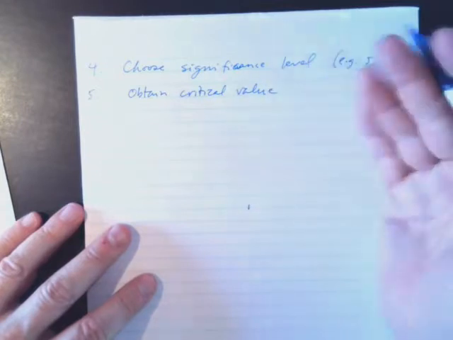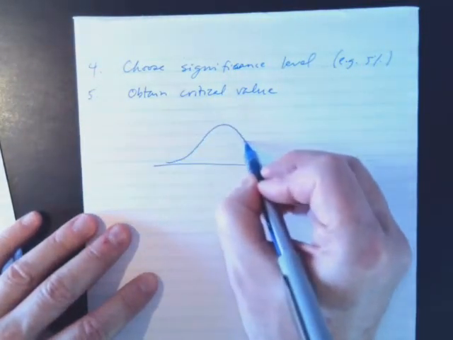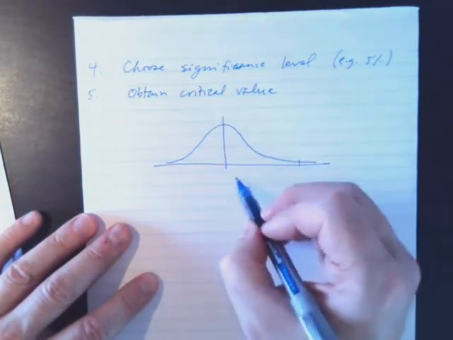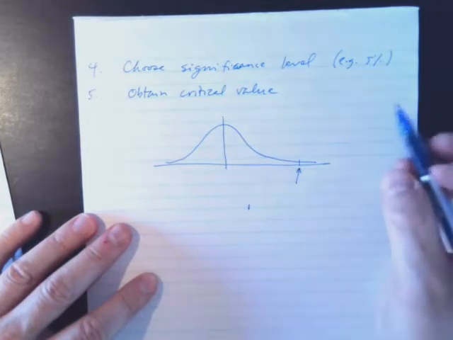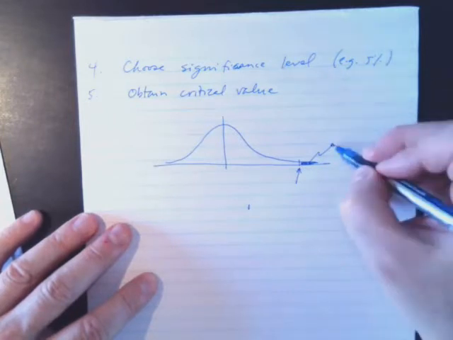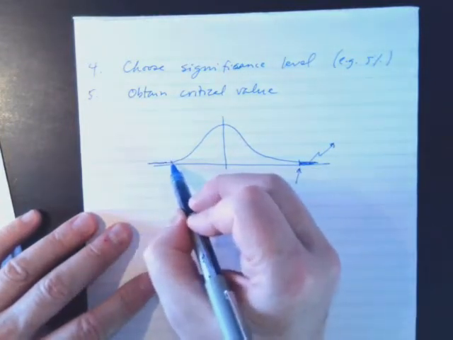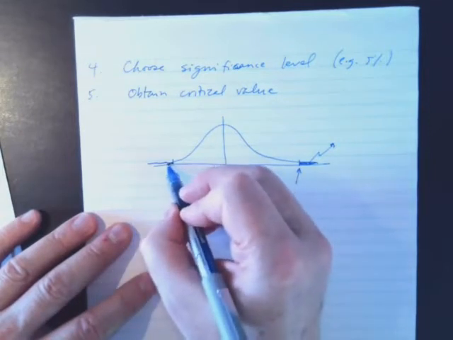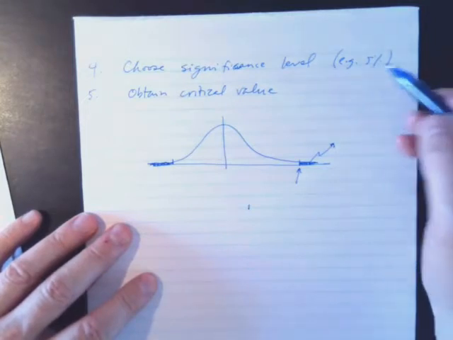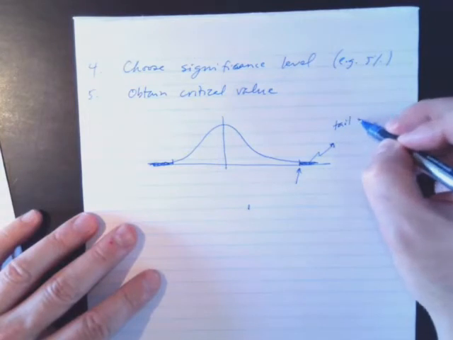And the critical value, as before, is the point in the tail where the area in the tails outside of that critical value adds up to our significance level.